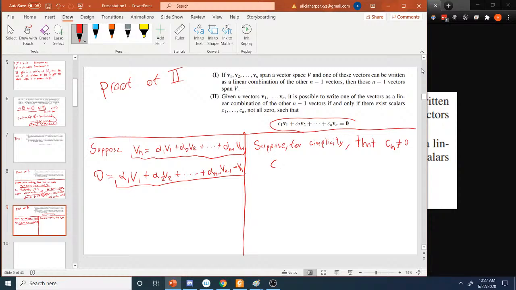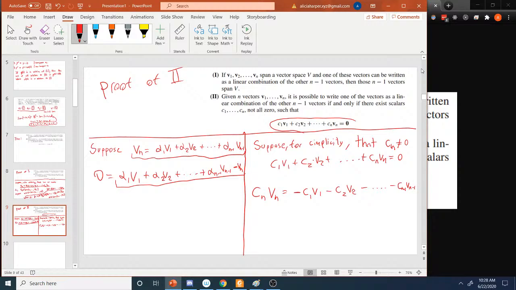Then, if we have C1 times V1 plus C2 times V2 plus and so on, plus Cn times Vn is equal to 0, we can move all the other terms to the other side, and we get Cn Vn is equal to negative C1 V1 minus C2 V2 minus and so on, minus Cn minus 1 Vn minus 1.